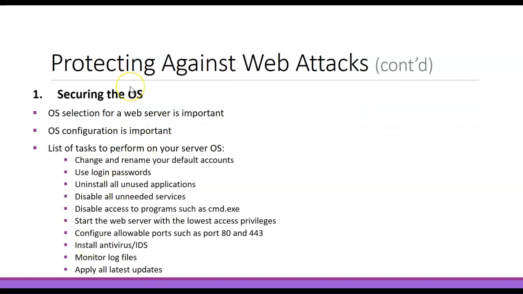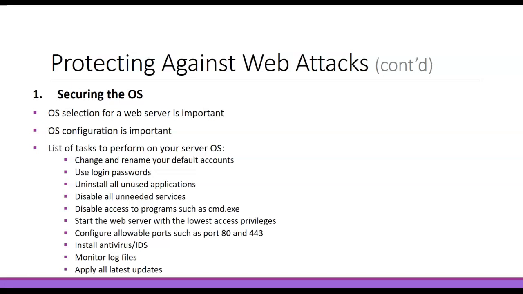Okay, starting with securing the operating system. How to secure the operating system, whether it's Windows or Windows Server or Linux, and so on. Okay, so the first point is that the selection of the web server is important.